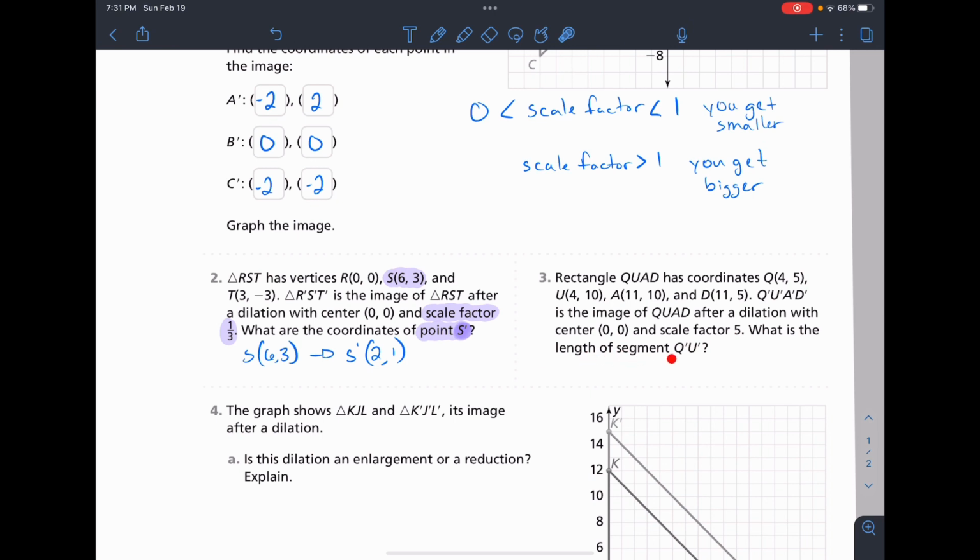And it says, what is the length of the segment Q prime, U prime? So this time we're only looking at Q and U. So let's highlight those and understand what the distance is between those two. So here's Q and U. If you look closely, Q is at 4, 5, and then U is at 4, 10.